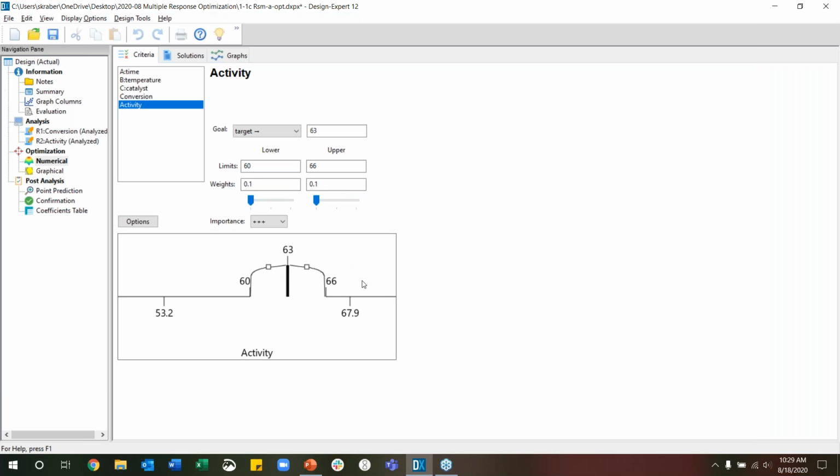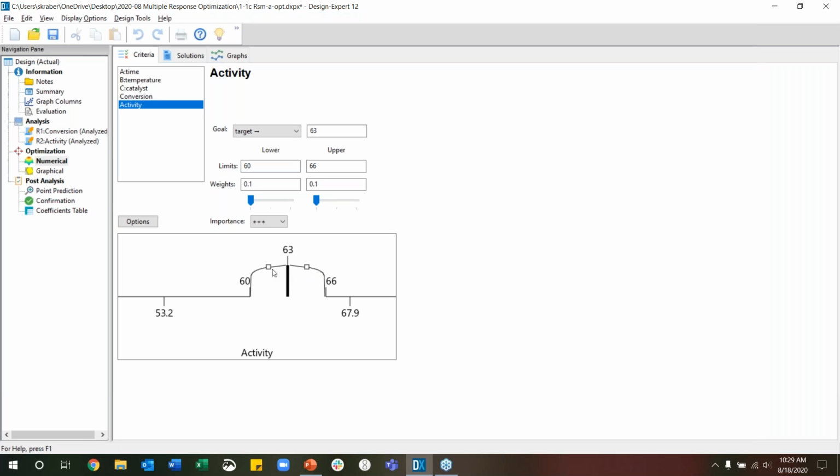So we lessen the weights, and you can see how that brings desirability up. So it's very good, kind of in a broader range. This actually makes it more like an is in range goal, with still trying to get to that target of 63, but we don't mind if it goes off of 63 a little bit in either direction.